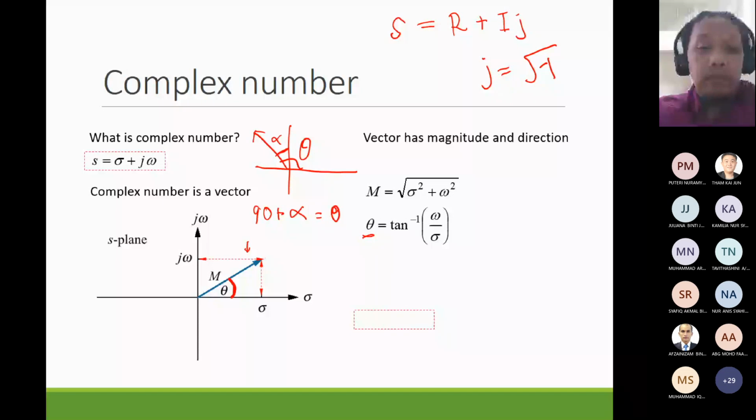Sometimes you can use cosine, sometimes you can use sine, but all of that depends on how you measure the angle theta. Later on we will see more examples on this.